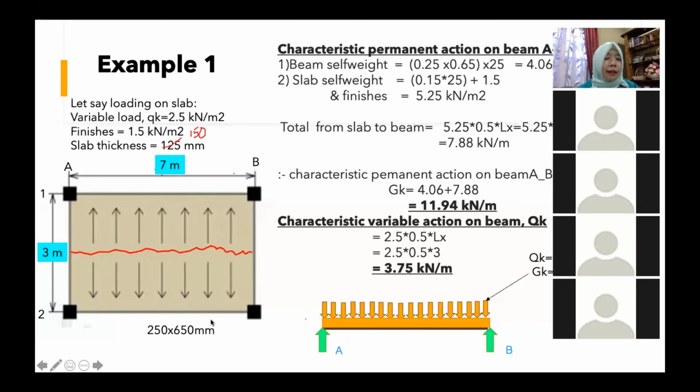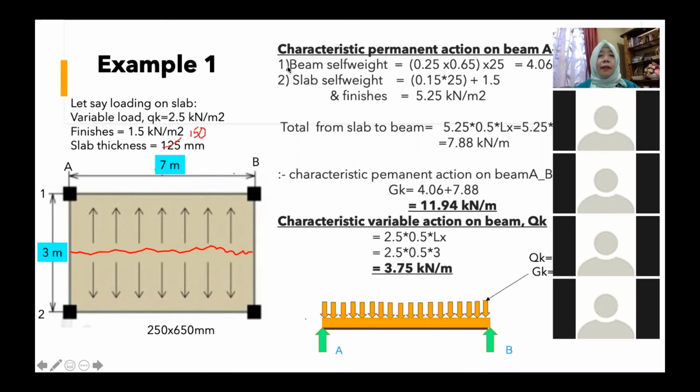As we know just now, the load is from the slab. Half of the load from the slab will be borne by the beam, plus its own self weight. Our solution must be divided into two: characteristic permanent action on beam AB2, meaning GK, capital letter GK.